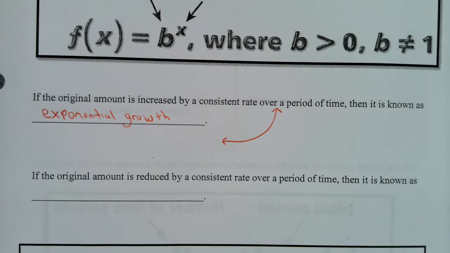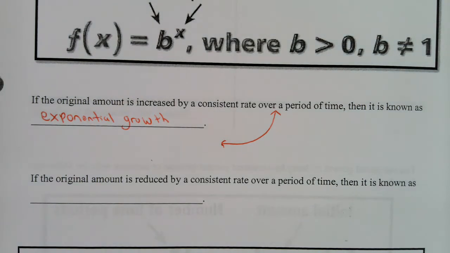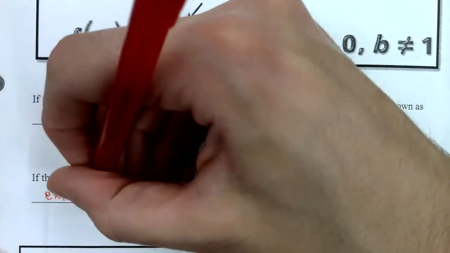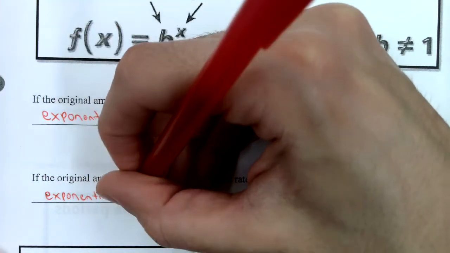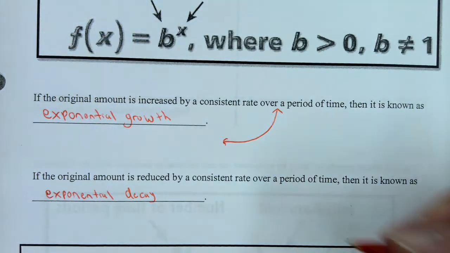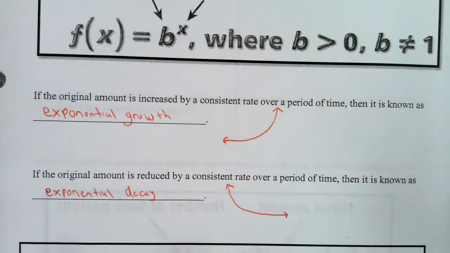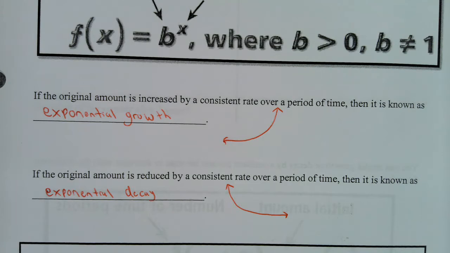If the original amount is reduced by a consistent rate over a period of time, then it is known as exponential decay. And then the graph usually looks like that.